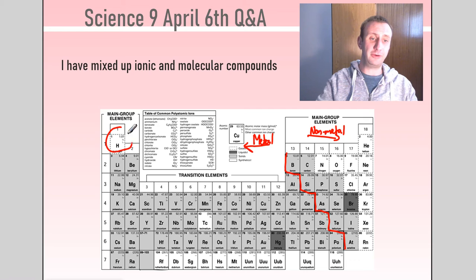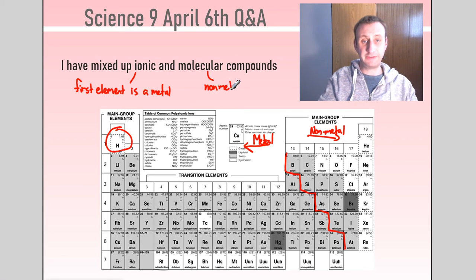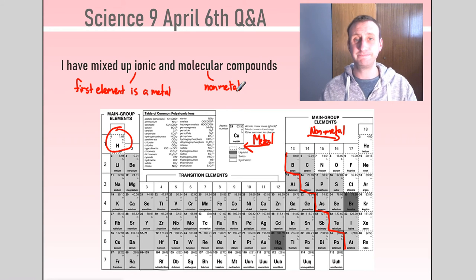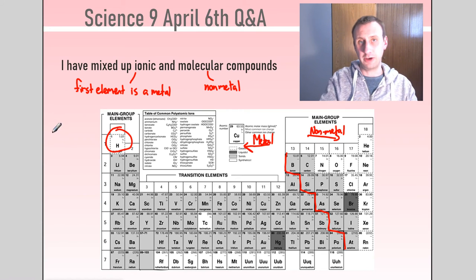Important to remember that hydrogen is not a metal, even though it's on the left-hand side. So for an ionic, the first element is a metal, and for a molecular, it's a non-metal. That's how you tell. Whether you're looking at the name or the formula or whatever, that is how you figure out if it's a metal or a non-metal.